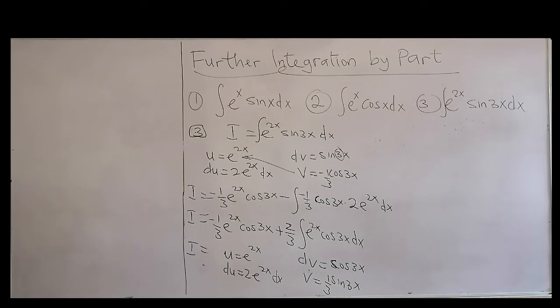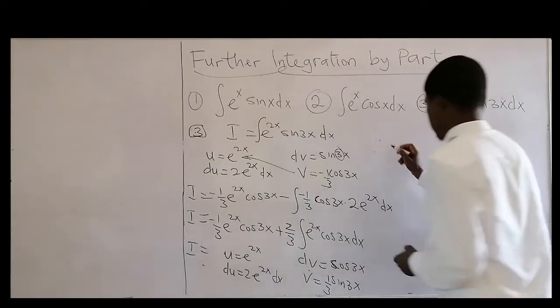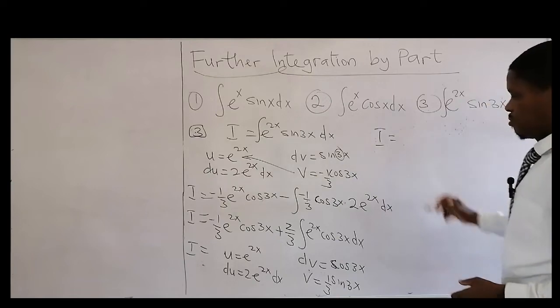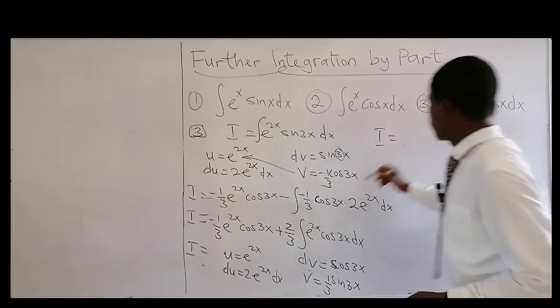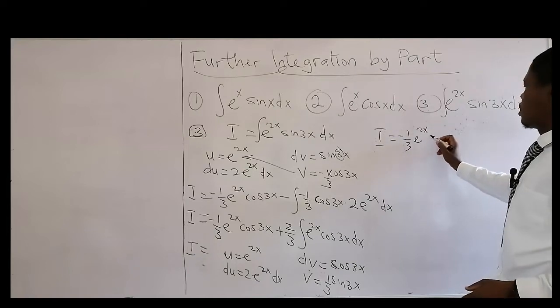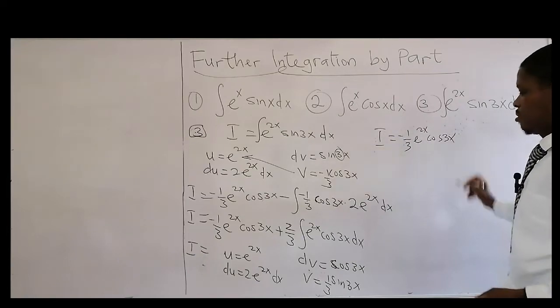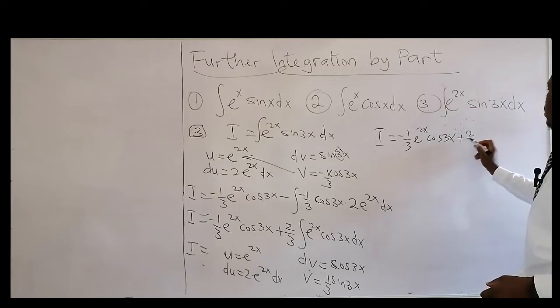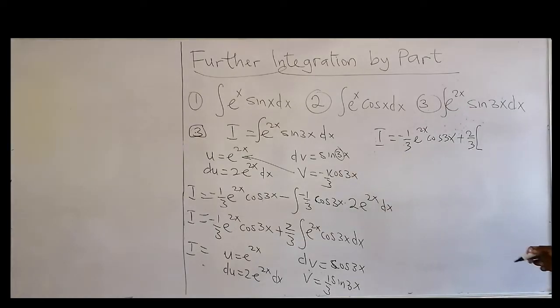Then the next thing for us to do is to come back here. So I will now be equal to, don't forget what we have here, minus 1 over 3 e^2x cos 3x plus 2 over 3. Open your brackets. uv will be equal to 1 over 3 e^2x sine 3x. That's my uv.